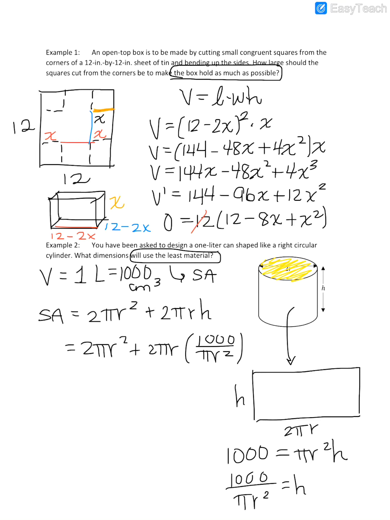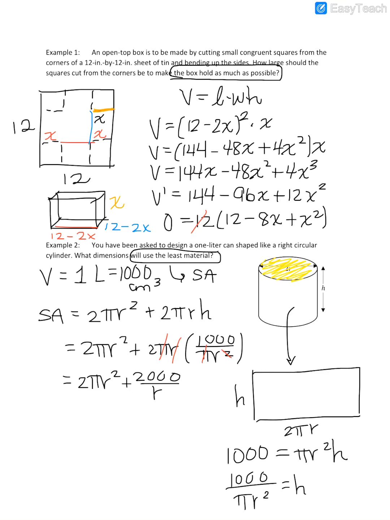That's kind of nice because my pi's cancel, and one of my radiuses also cancels. So I have 2 pi r squared plus 2,000 over r.